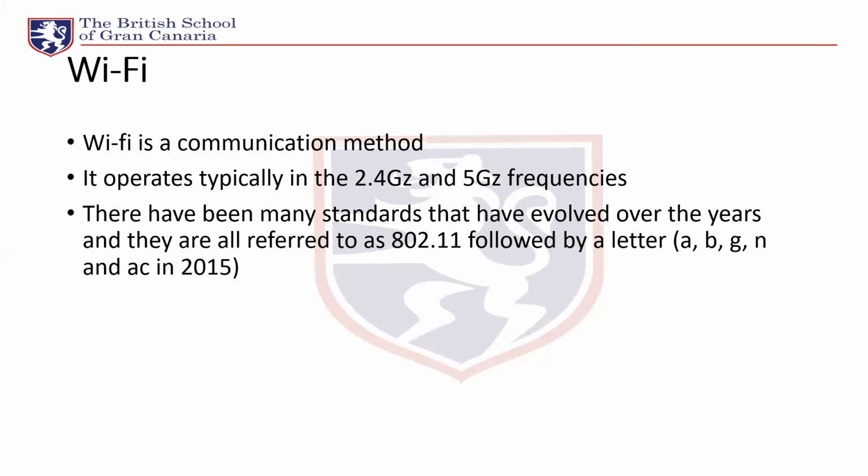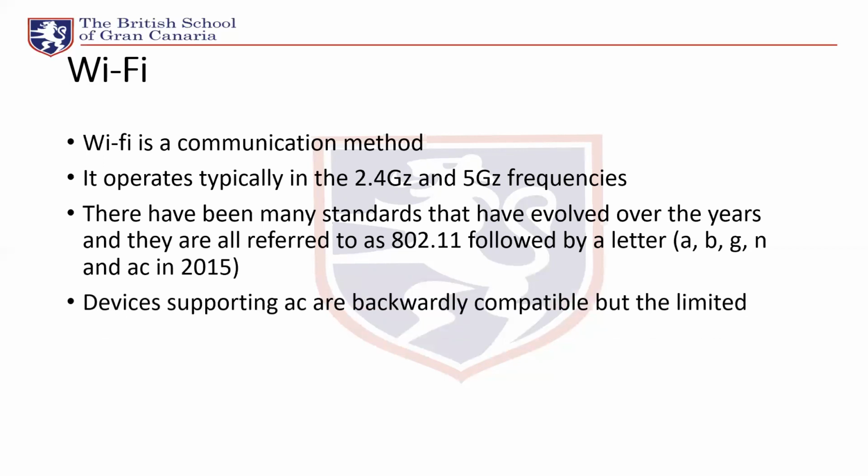So now it uses the 802.11 standard. And as it's upgraded and evolved, it has gone from A, B to G to N. And from 2015, what the syllabus has recognised, it uses AC.